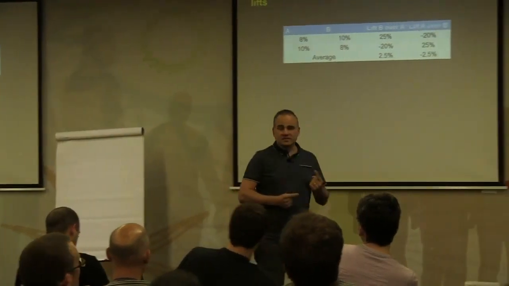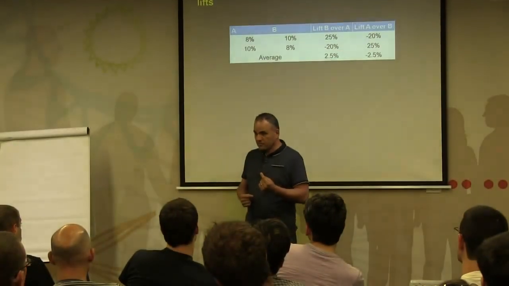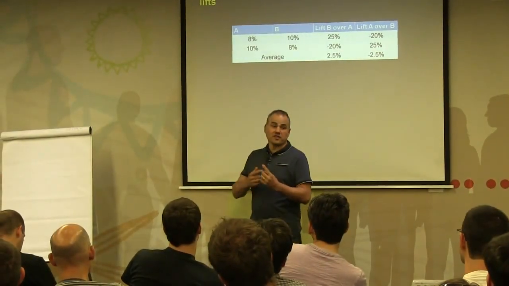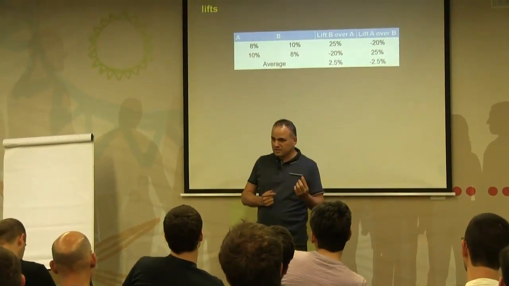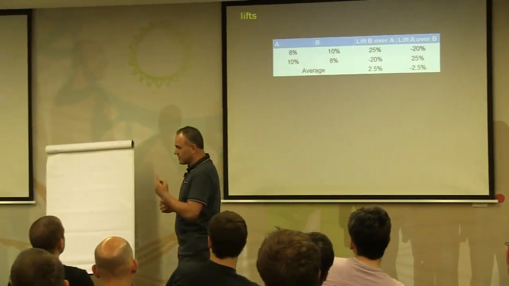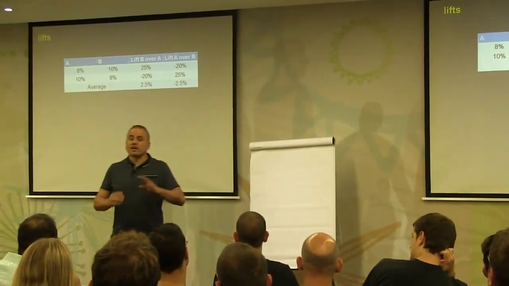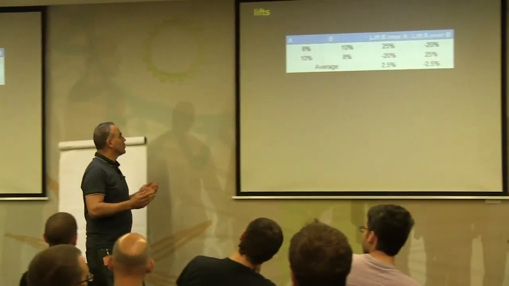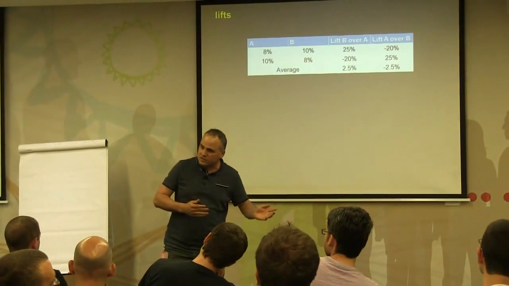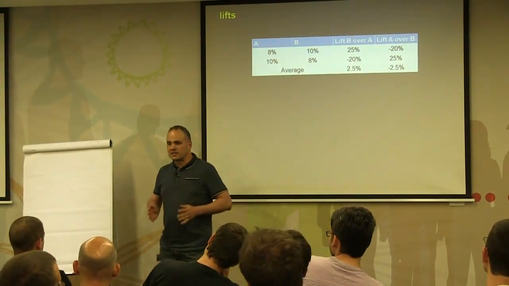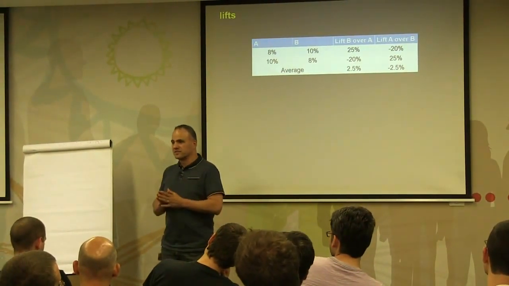And when A wins, A is the higher. So you divide by the higher number. Okay? This is what's happening here. Take the higher and divide by the lower one. You can do higher divided by the lower or divide the margin by the average of the two, but not straight lift. Straight lift is wrong.